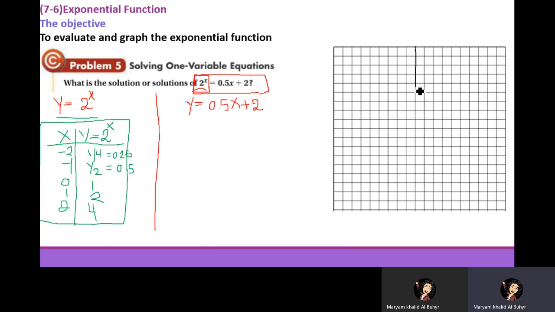If you are trying to graph two equations or two functions at the same time, like this, show all your coordinate plane, because you don't know where these two graphs will intersect. Now I will graph my first equation by using green.